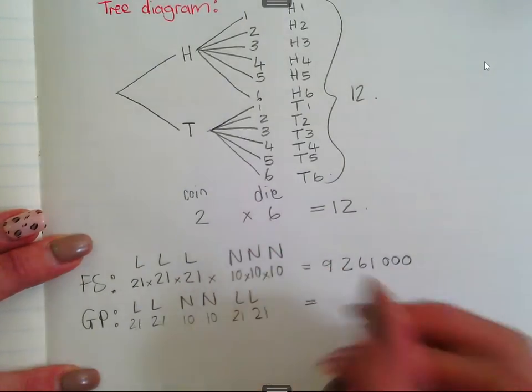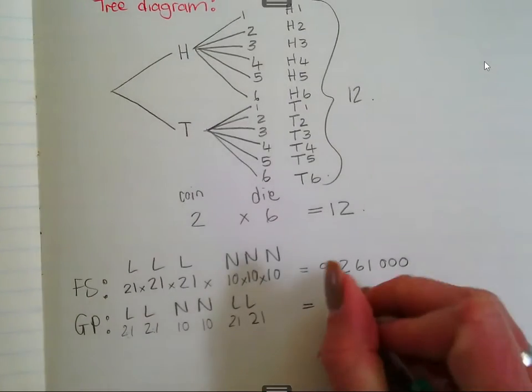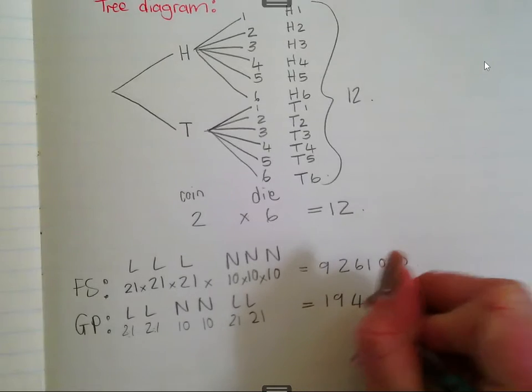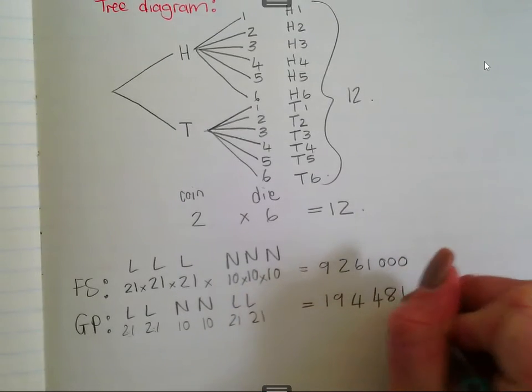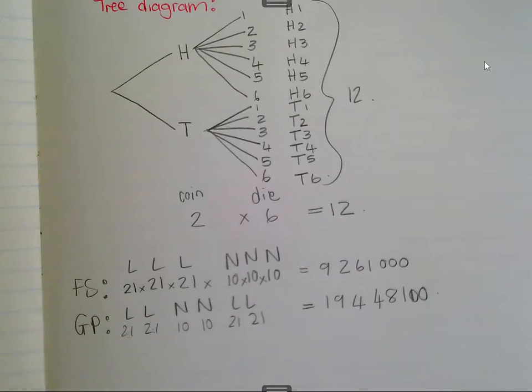We'll keep the playing fields level. So I'm going to calculate it for you. 21 times 21 times 10 times 10 times 21 times 21. 19,448,100 options of number plates. So that's like more than 10 million number plates more than we have available in the Free State.